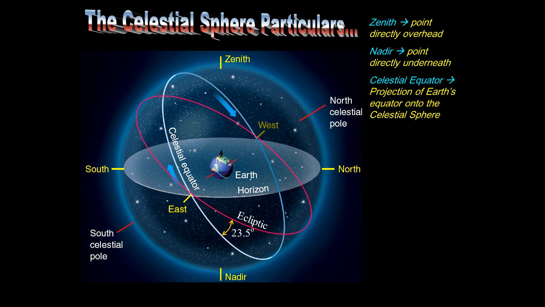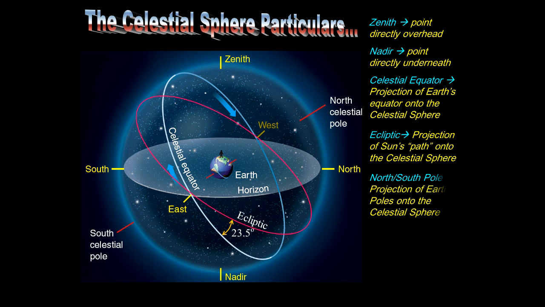And then we also have the ecliptic, which is something we'll talk about some more, but it's the projection of the sun's path on the celestial sphere, and also it's really the path of the motion of the Earth around the sun. We'll clarify that again. And we have the north-south poles, the celestial poles. Again, it's just the projection of Earth's north pole and south pole onto the celestial sphere.